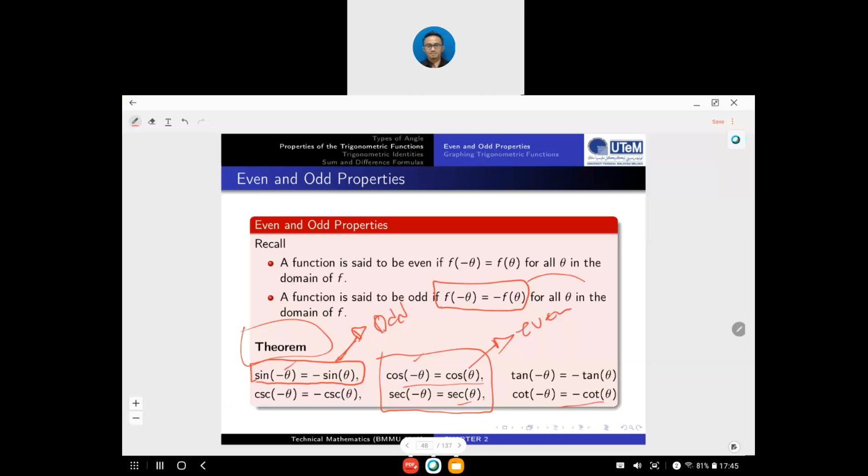Tangent of negative theta also equals negative tangent theta.